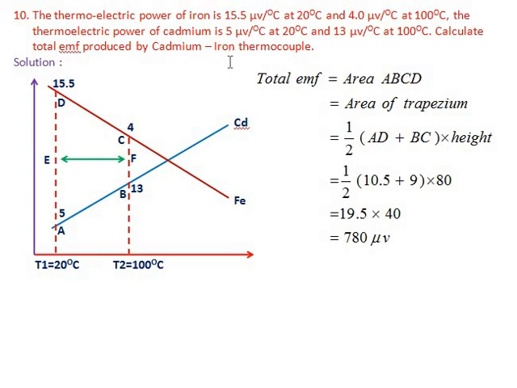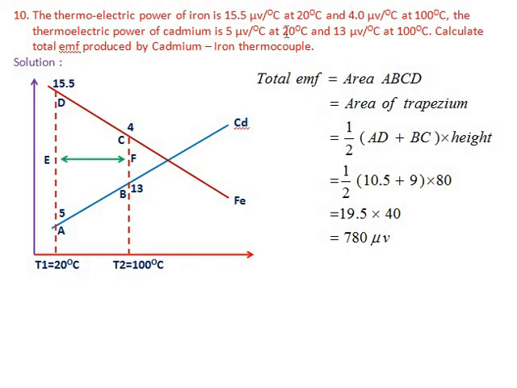So you have to draw this graph. So first observe the values. Clear? Which one is greater? 15 microvolt per degree Celsius at 20 degree, in the sense this side dE by dt, in this direction temperature we represent. So first observe this equation. 15 is at 20 degree, and 4 at 100 degree, in the sense at higher temperature thermoelectric power is decreasing.